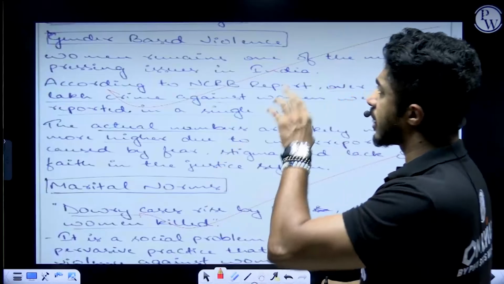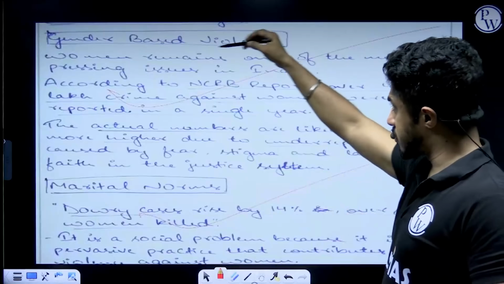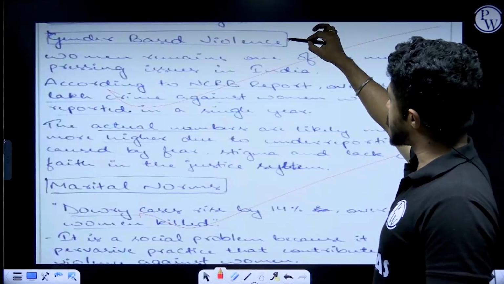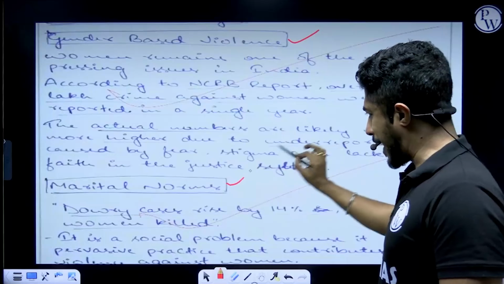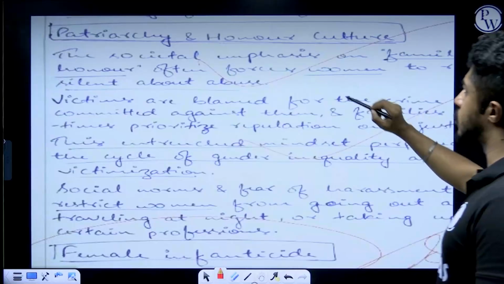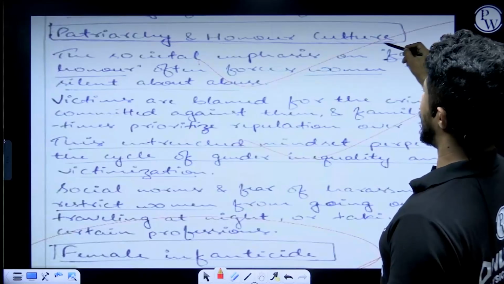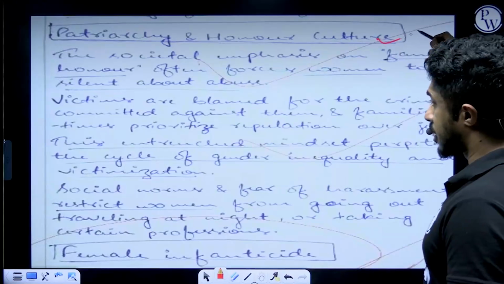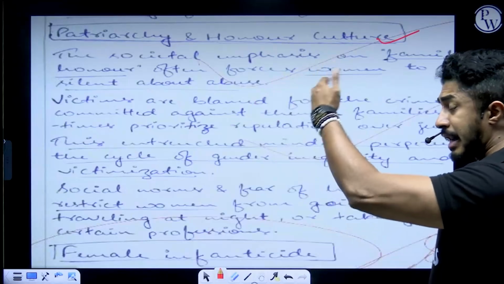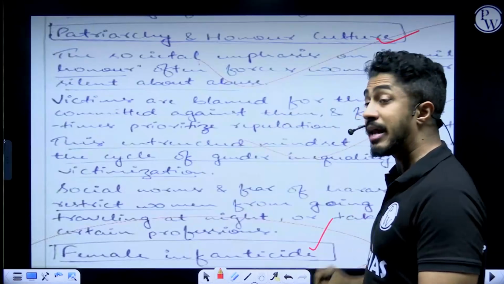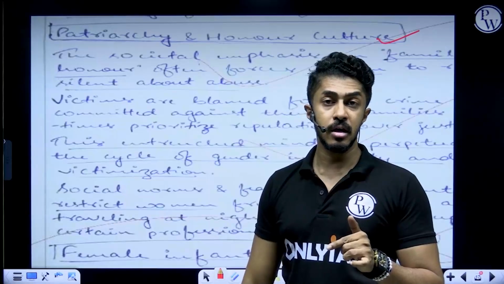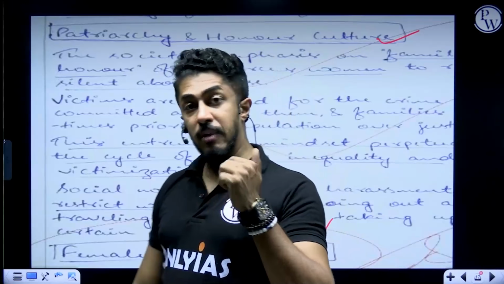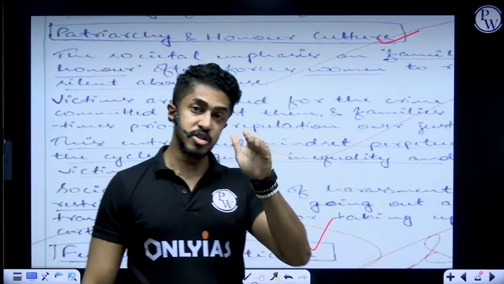If you look at the content of the essay, she's talking about gender-based violence, then marital norms, then patriarchy, then honor culture. After all of that, she moves into female infanticide. Don't you think female infanticide should have been the first issue?